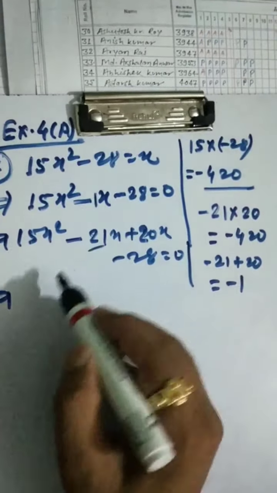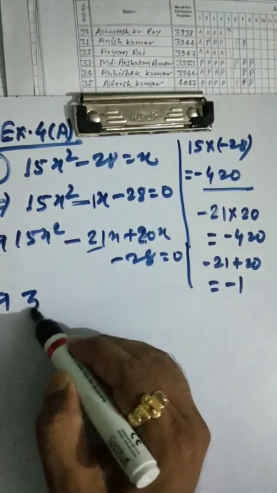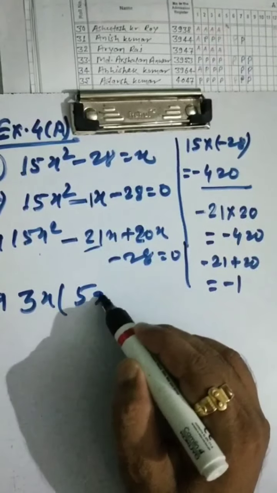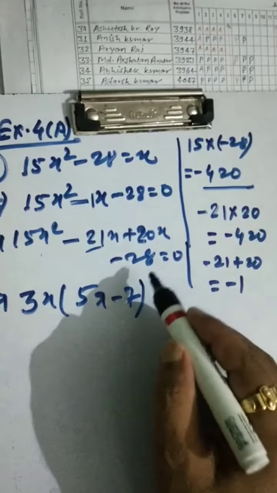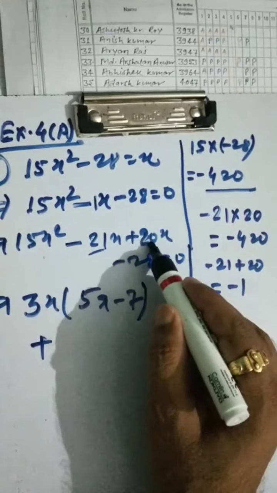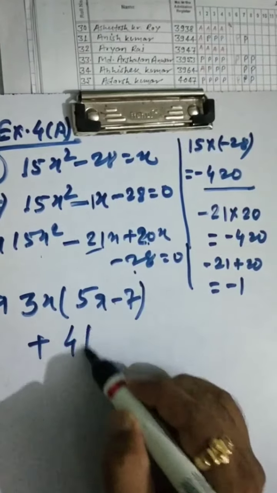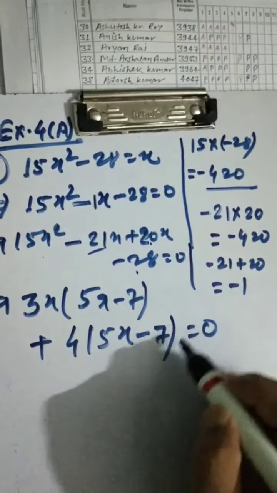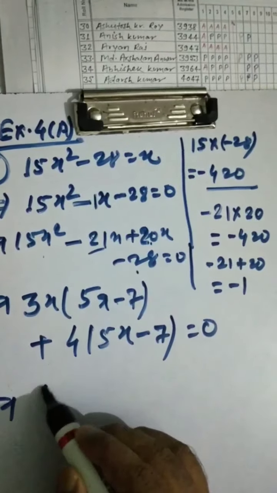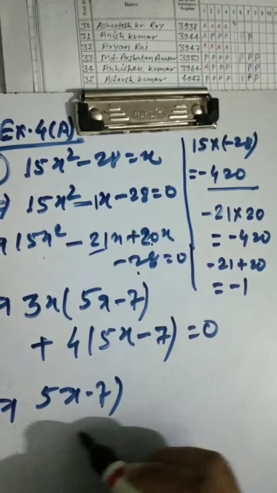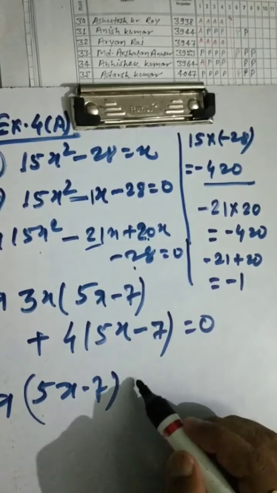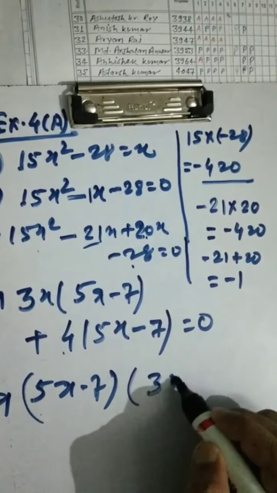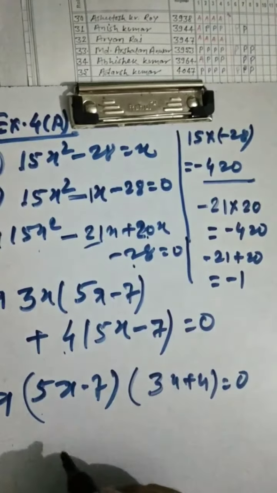Now in these two terms 3x is common, then here 5x will be left, and then minus 7 will be left, and then in the next two terms, 4 is common, then here 5x will be left, and 4 7s are 28, 7 will be left. This implies that now 5x minus 7 is common, then here 3x plus 4 will be here, 3x plus 4 will be equal to 0.